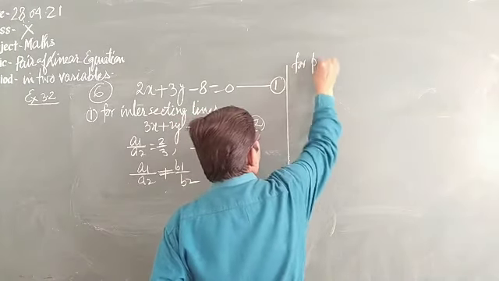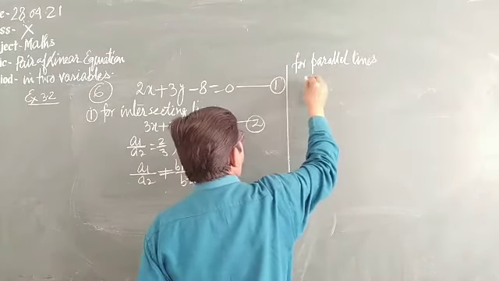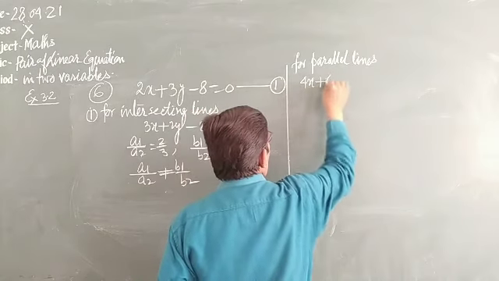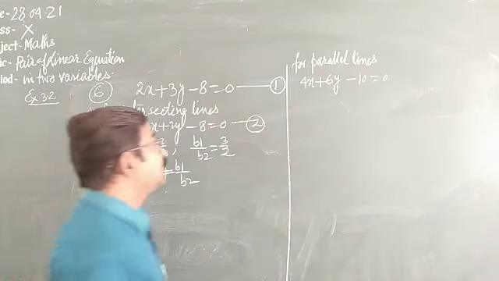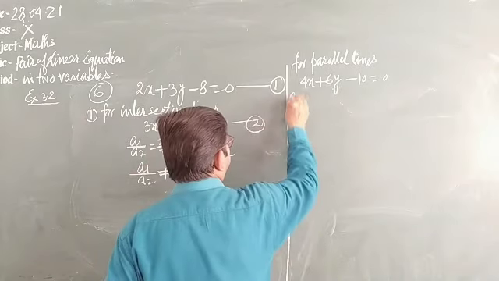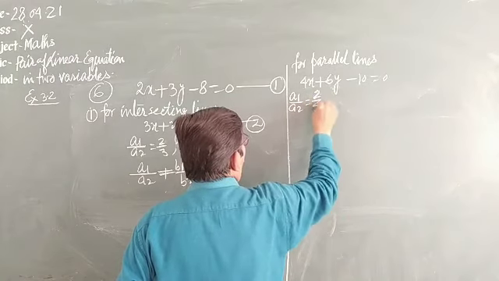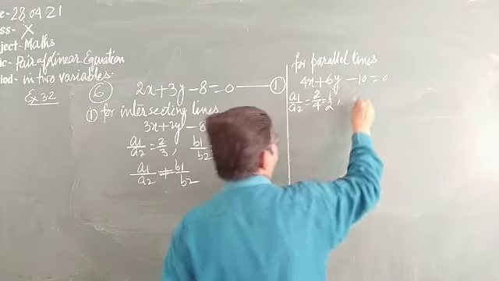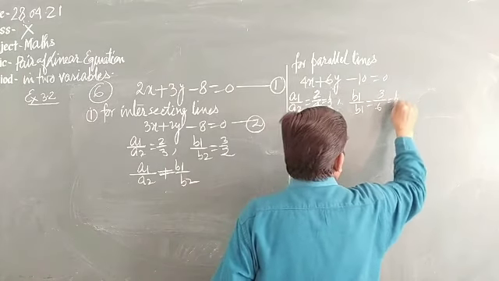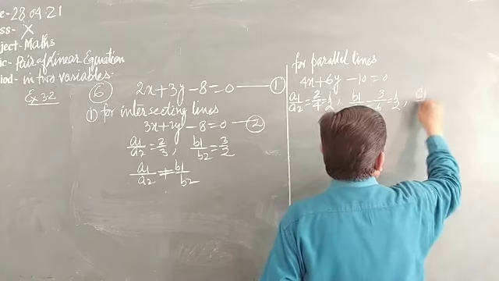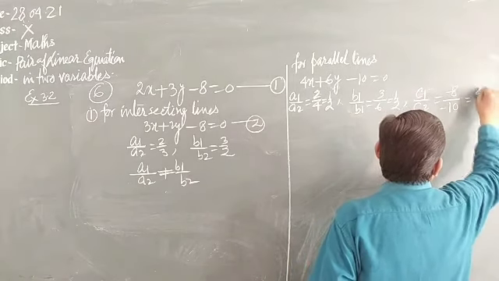For parallel lines, we can write 4x plus 6y minus 10 is equal to 0, and show it. a1 upon a2 is 2 upon 4 is equal to 1 upon 2. b1 upon b2 is 3 upon 6 is equal to 1 upon 2. c1 upon c2 is minus 8 upon minus 10, this is 4 upon 5.